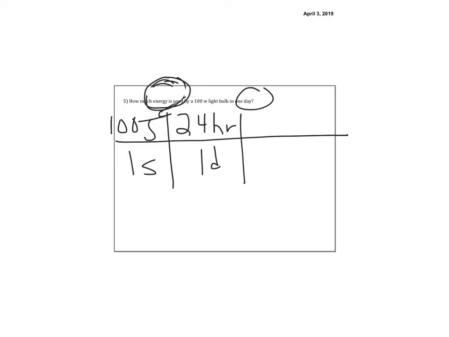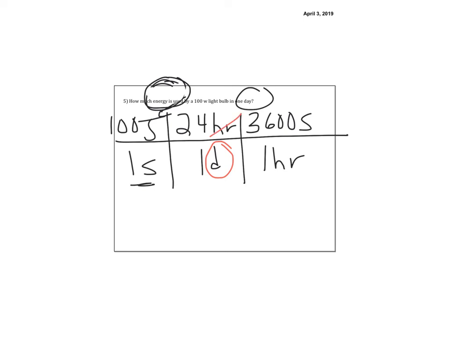So I get my days, which is what I wanted. But the hours and the seconds don't cancel yet. I know there are 3,600 seconds in 1 hour, and I want the seconds to cancel, so I put the 3,600 seconds on the top and 1 hour on the bottom.